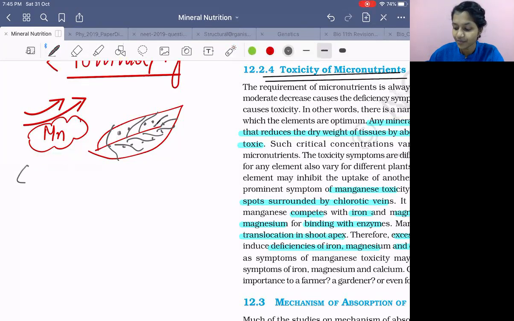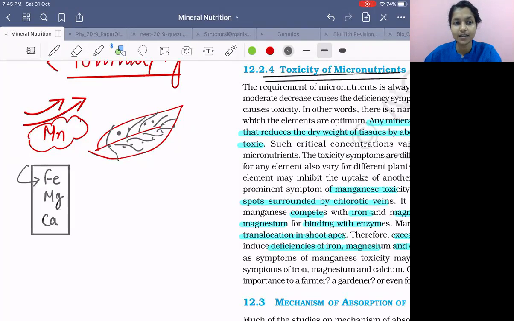But due to more manganese, it interferes with the absorption mechanism of iron. Then what else? Iron, magnesium, and calcium. Due to more manganese, these three are not getting absorbed perfectly by the plant. It is not allowing the calcium to go up in the shoot, in the stem.